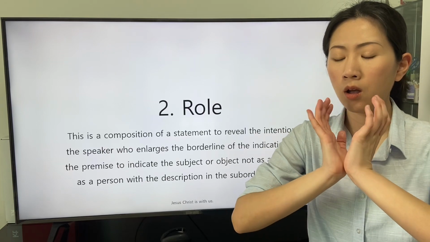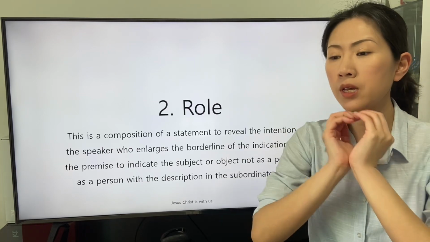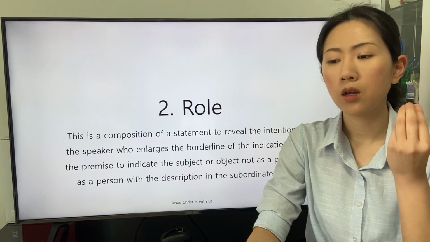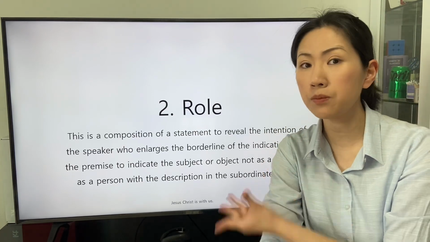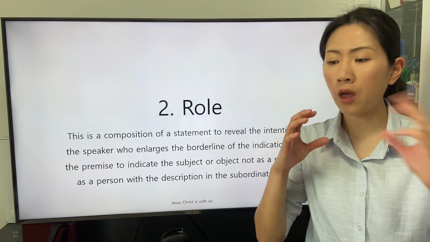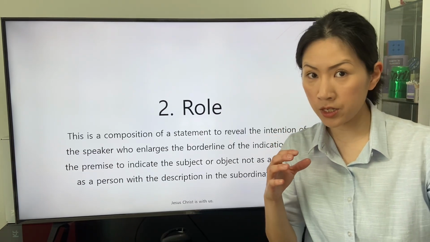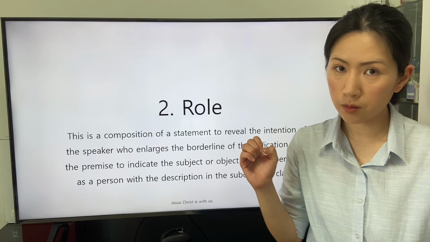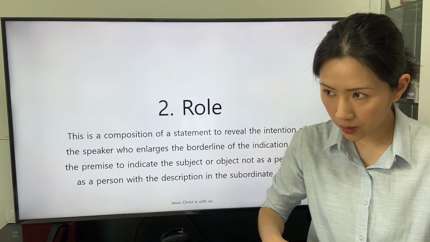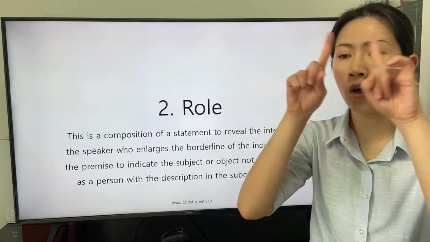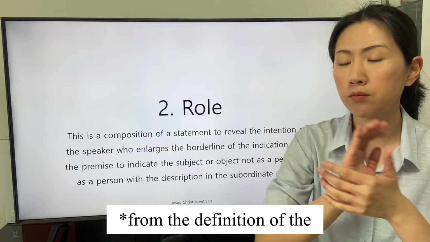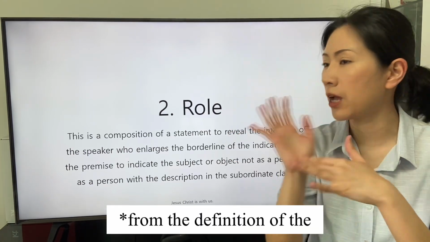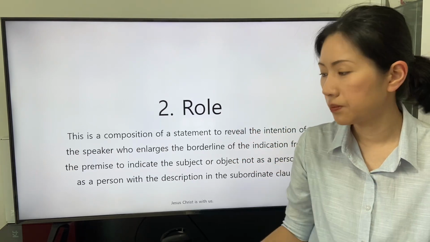When the speaker indicates a subject or an object with a noun or a pronoun, the speaker and the listeners both come up with the range of the indication, the noun or the pronoun.